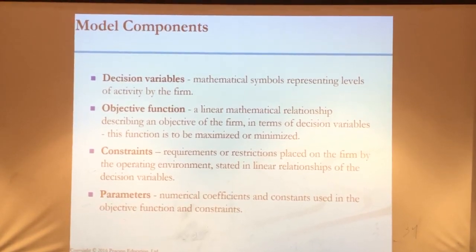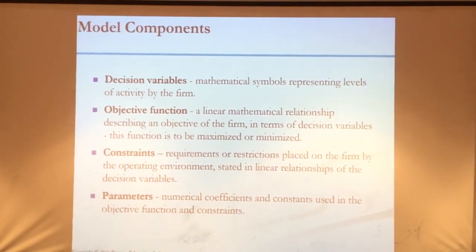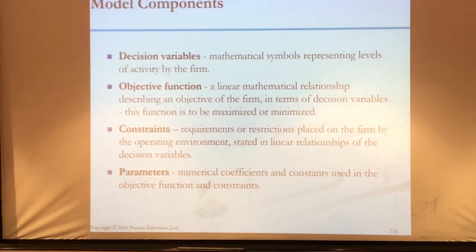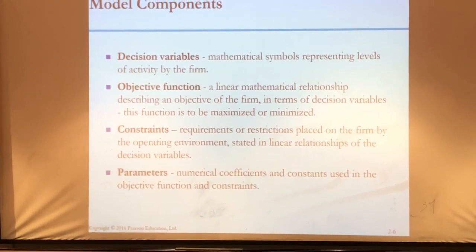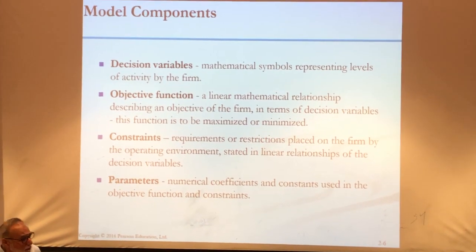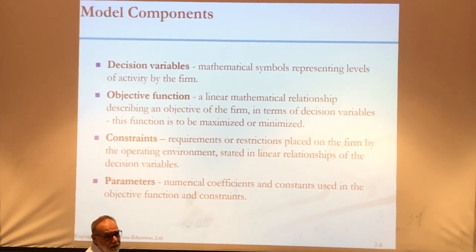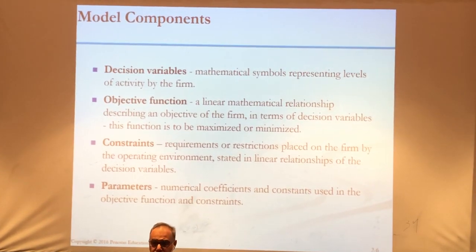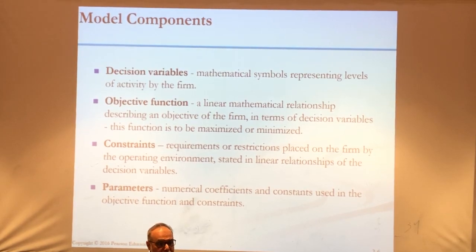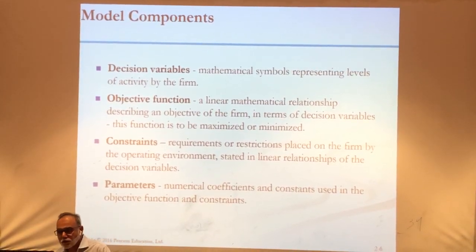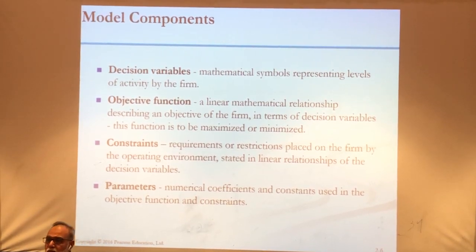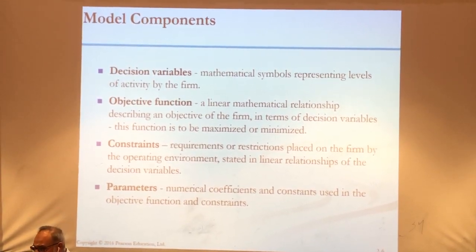And then there will be parameters. These are numerical coefficients and constants used in the objective function and constraints. For example, we will see an example: a company is making furniture, tables and chairs. The decision variables will be how many tables to make and how many chairs to make to maximize the profit.